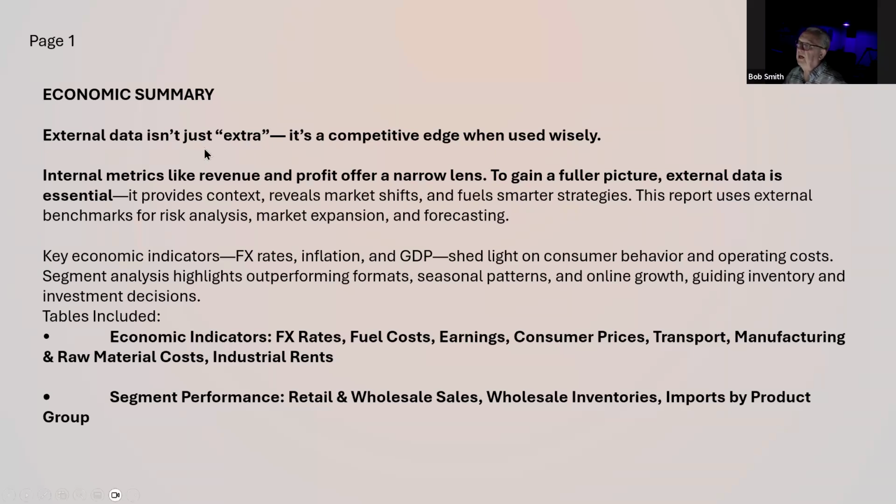External data isn't just extra, it's a competitive edge when used wisely. The numbers and verbiage in the front end of the report are internal metrics for revenue and profits, which offer a narrow lens. To gain a fuller picture, external data is essential.